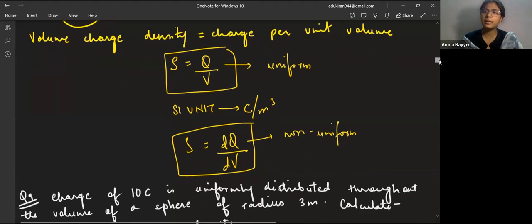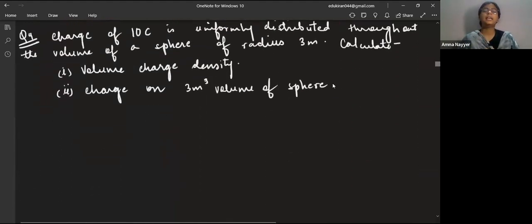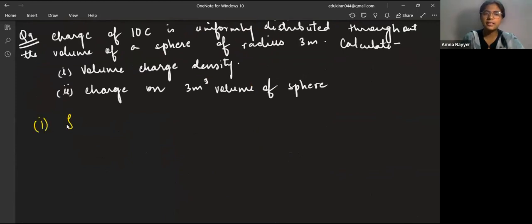One last question based on charge distribution. A charge of 10 coulomb is uniformly distributed throughout the volume of a sphere of radius 3 meter. Find the volume charge density. See, volume charge density is rho, charge per unit volume, right? What is the charge given? Charge is 10 coulombs.